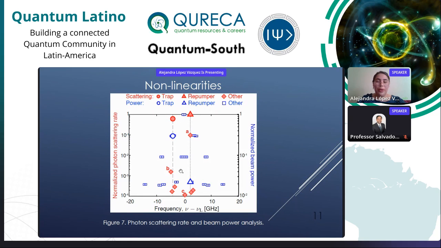Entonces, por ejemplo, aquí en la gráfica podemos observar la dispersión de fotones de las frecuencias que deseamos, y la dispersión de fotones de las no linealidades está bastante suprimida, y como referencia, son más pequeñas que la portadora misma, que está alejada más de 2 GHz de nuestra frecuencia de interés.